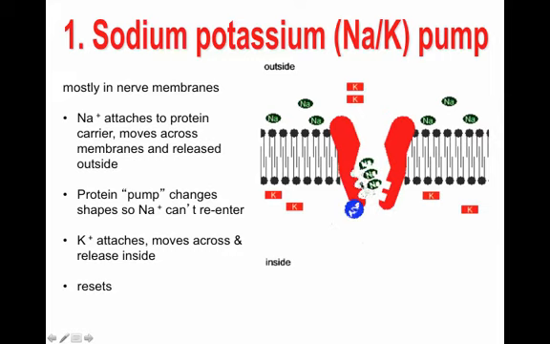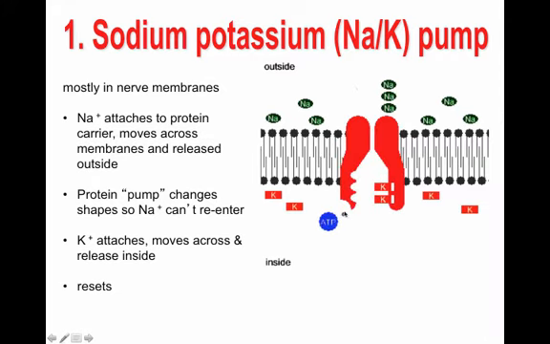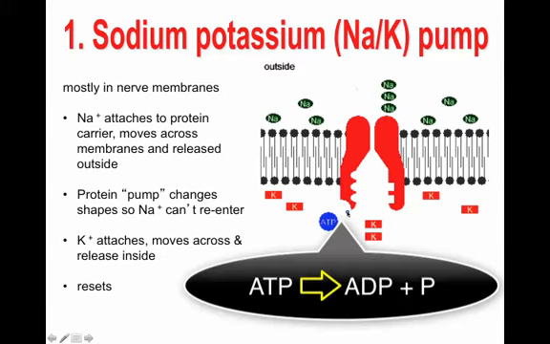So that sodium-potassium pump is what we've just described in that last animation. Here we have sodium which attaches to the side of the protein pump. It utilizes ATP. That ATP will be phosphorylated, which means that last phosphate group, which has the high energy bond, is broken. And when it does so, it produces that ADP.